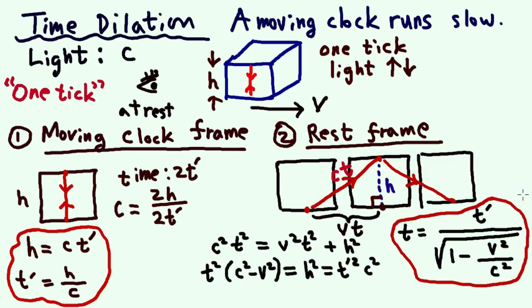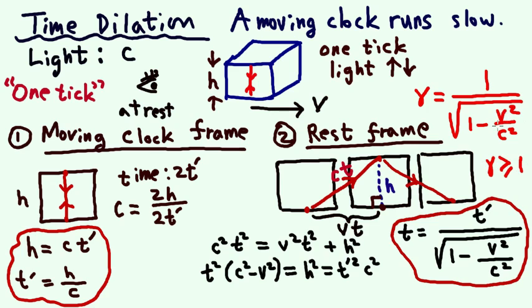This factor here, 1 over square root of 1 minus v squared over c squared, is a very important factor. That's what we call gamma in the special relativity literature. And this gamma is a number greater than or equal to 1.